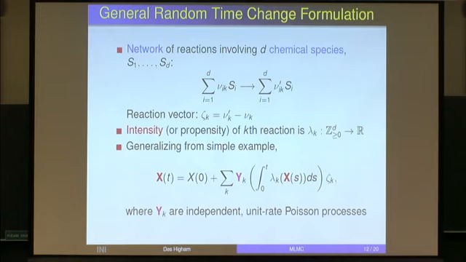They come in through an integral inside the Poisson process. So that's a generalization of the example on the previous slide. It's not only a nice way to write the system, it also gives you a good way to think about simulating and approximating it pathwise.